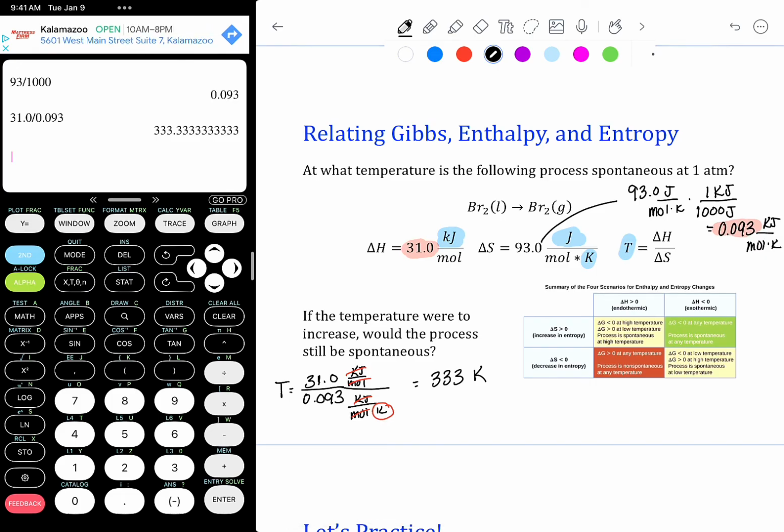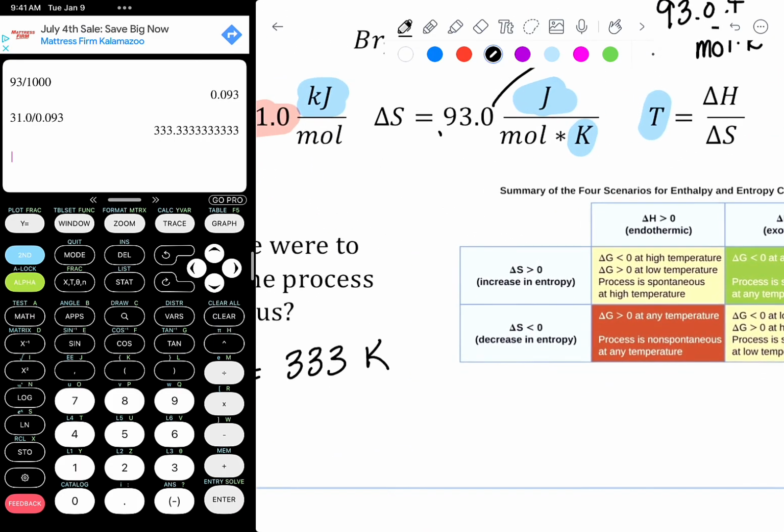Now the next part of this question asks, if the temperature were to increase, would the process still be spontaneous? This is where we have to look at our table. So we have a delta H and a delta S that are both positive. So we are looking at this portion of the chart right here. We know that this process is going to be spontaneous at high or higher temperatures.